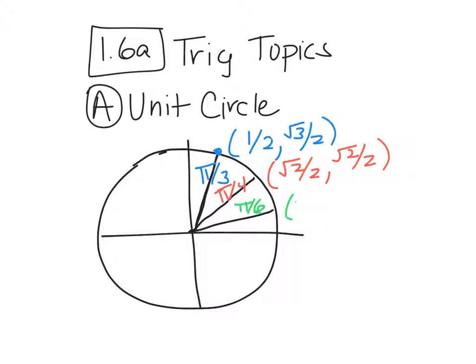And that would be rad 3 over 2, 1/2. And then we have special points along the outside parts, like this right here, which is at angle 0. That's the point 1, 0. Up here at 90 degrees, or pi over 2, that's the point 0, 1, and so on.